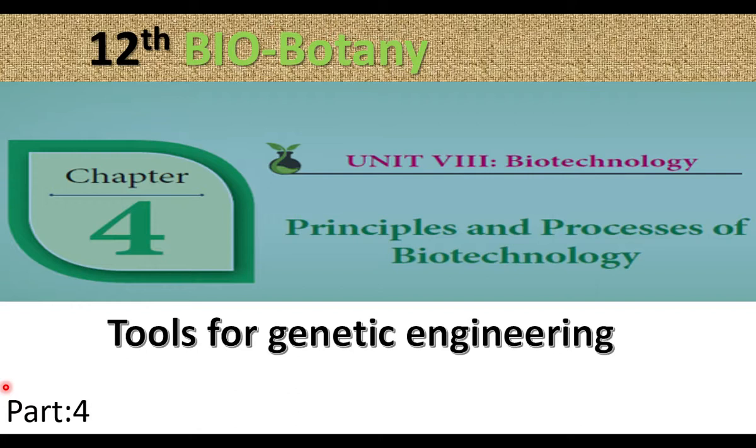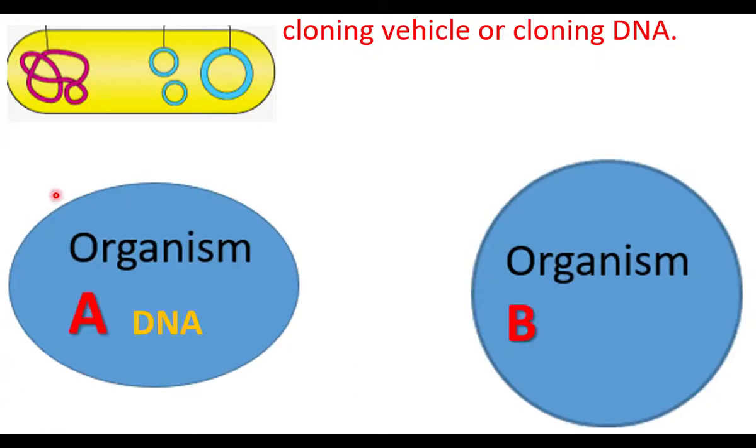In this part, we shall discuss the vectors. They are important things needed for the cloning experiment or genetic engineering. What are cloning vehicles? Cloning vehicles are plasmids of bacterial cells.